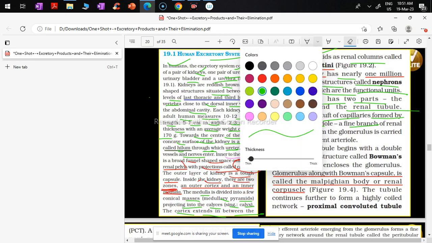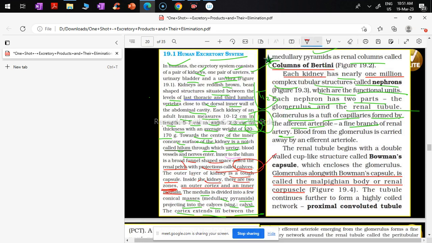So blood from the glomerulus is carried away by an efferent arteriole. In short, there are two arterioles here: one is the afferent arteriole and the other is the efferent arteriole. From efferent you can keep in mind exit.